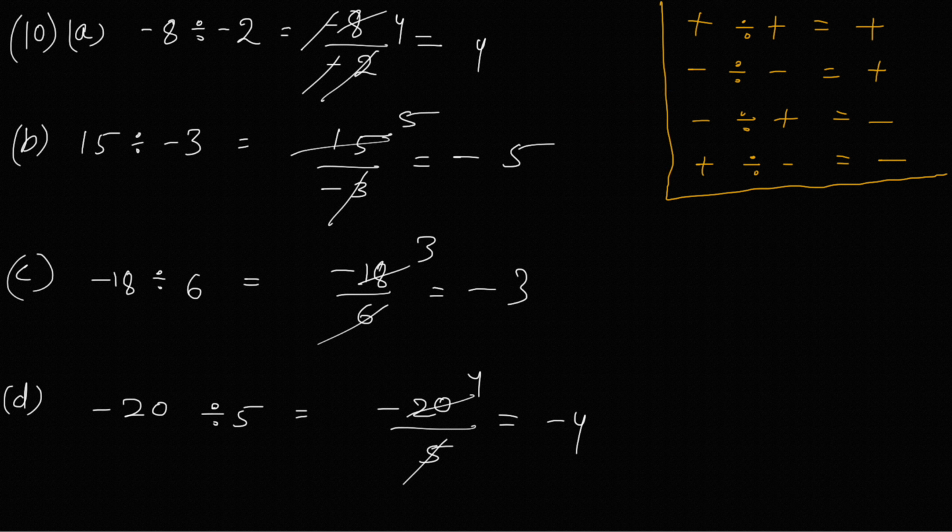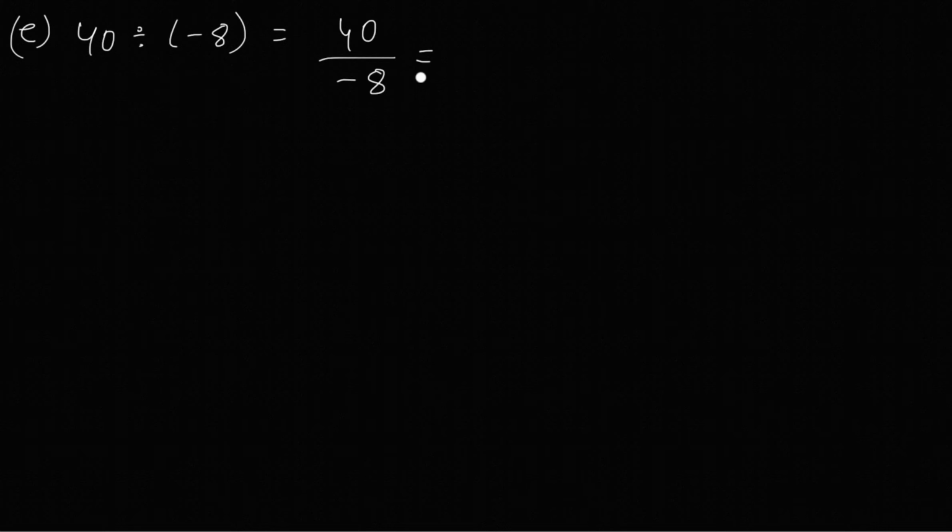So instead of copying my answer, you can solve it by yourself with another method also. Now question number E: 40 divided by minus 8. So it's negative 5 is our answer.